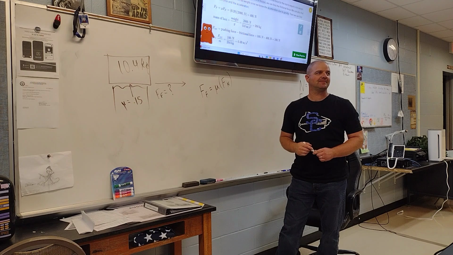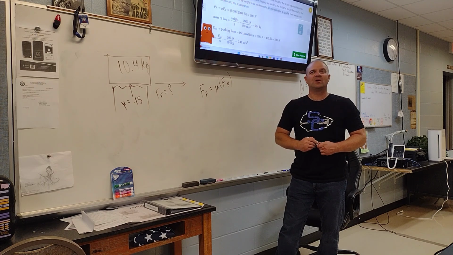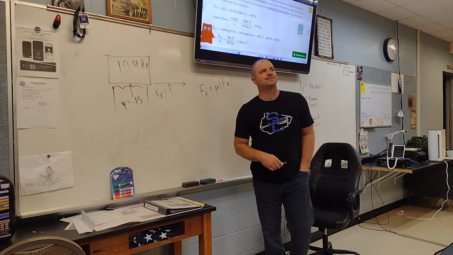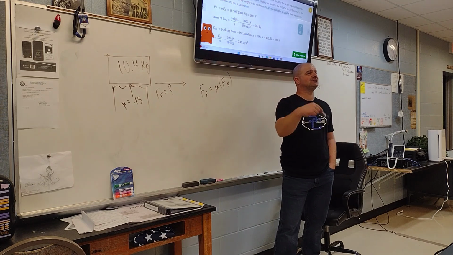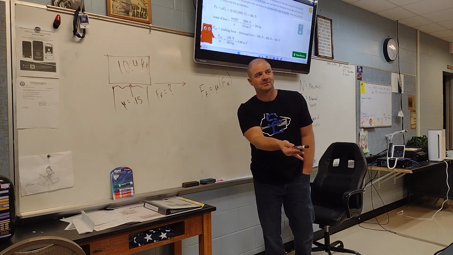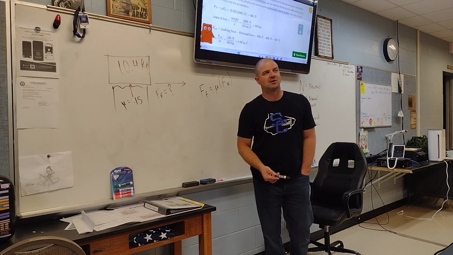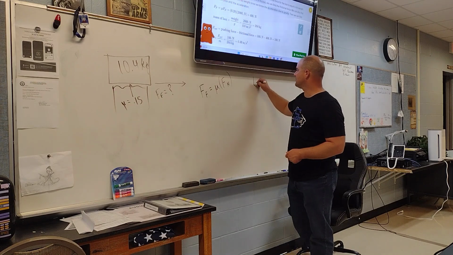That is not the weight. That's the mass. We don't have the weight. Can we find the weight? Oh, yeah. How do we find the weight? What did it say to use in the note? It says g equals 9.81. And g is acceleration due to gravity on Earth, 9.81 meters per second squared, right? So what formula would I need to use for that, do you think?